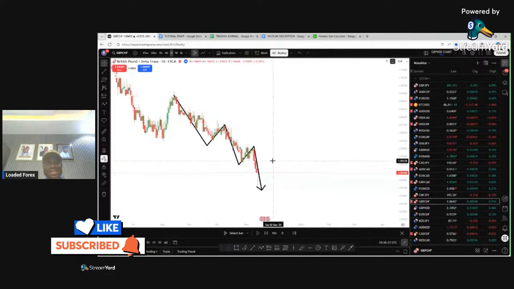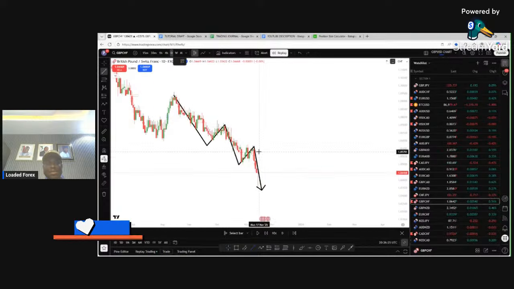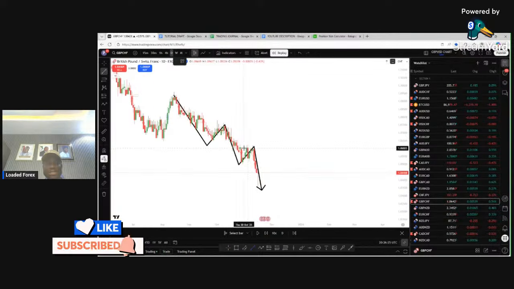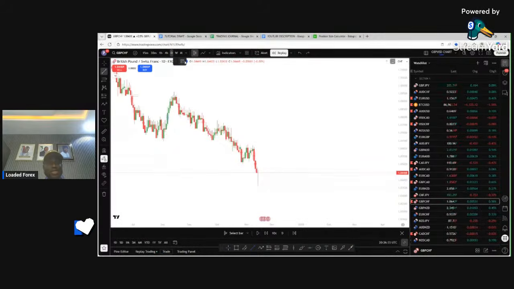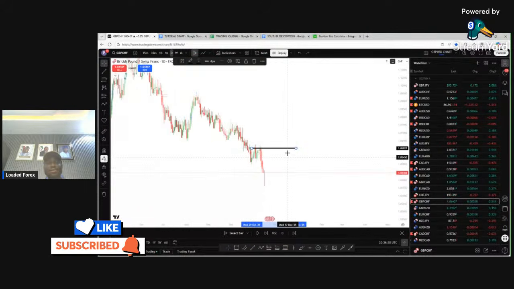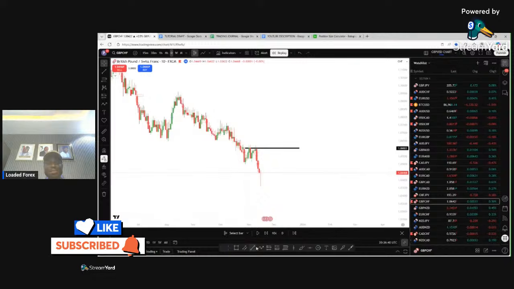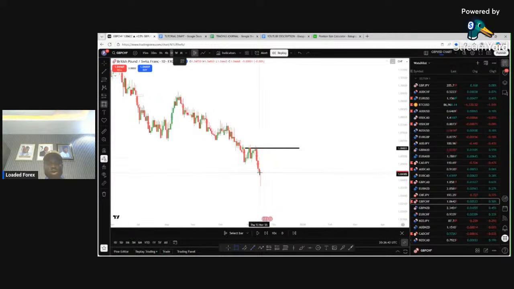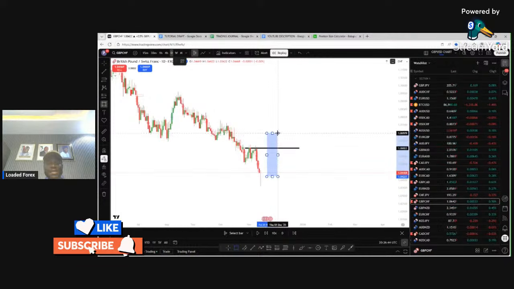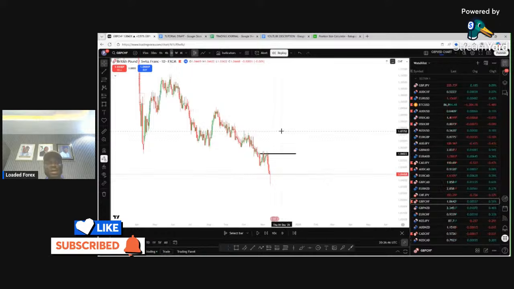And I said at the beginning of this session that the last lower high must be protected, right? This will serve as the last lower high here. So anything that made the price action close or trade above this last lower high, the structure is no longer a bearish structure.